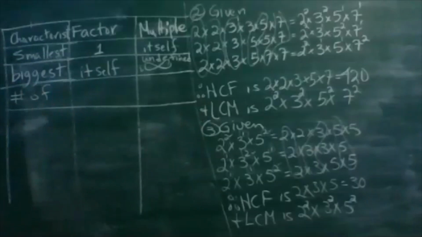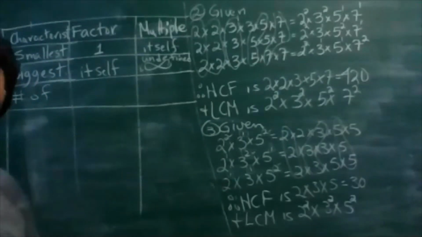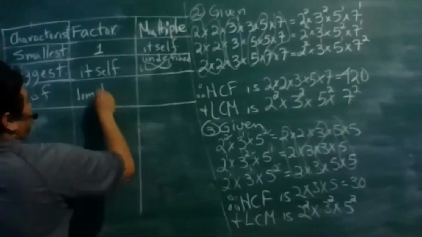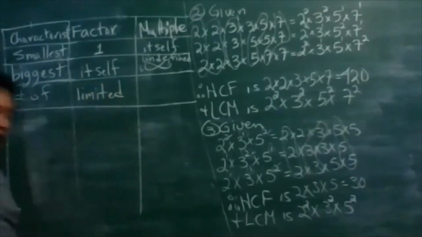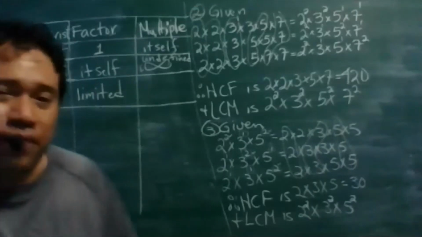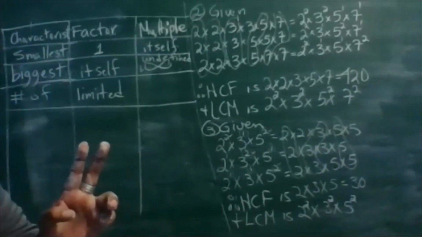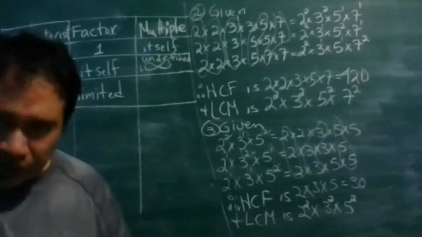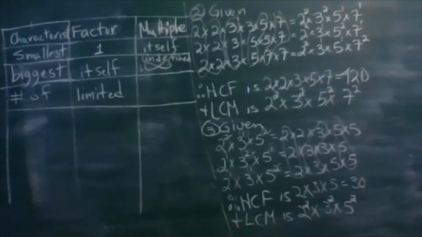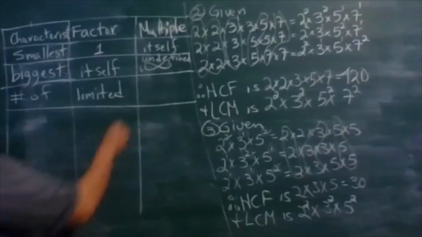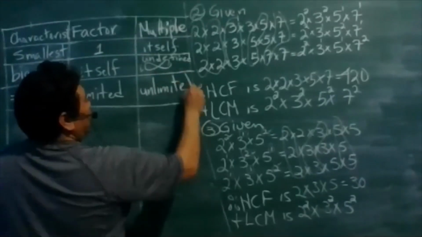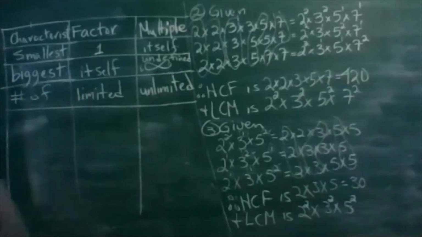The number of factors that any digit can have is a limited number. Right? In other words, a number can have from 2, right, to 7, 8, 10 factors. But when it comes to multiples, a number can have an unlimited number of multiples, right?